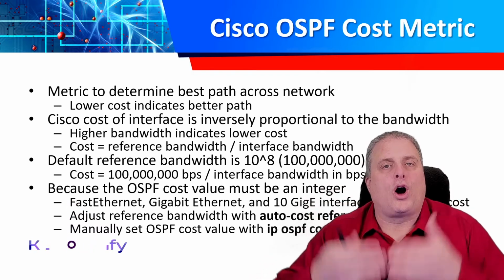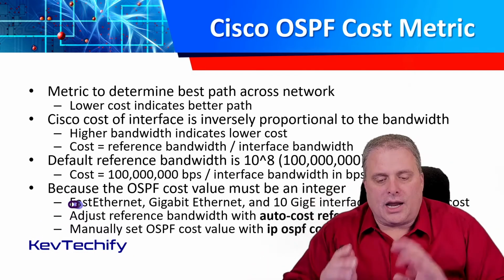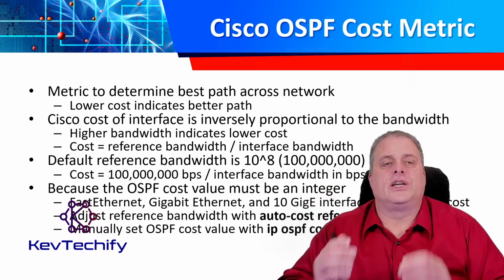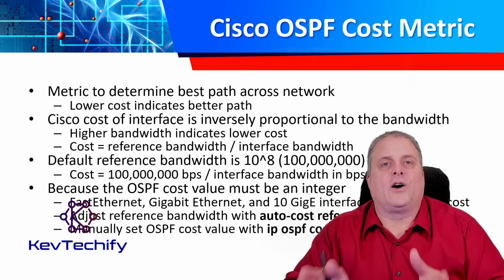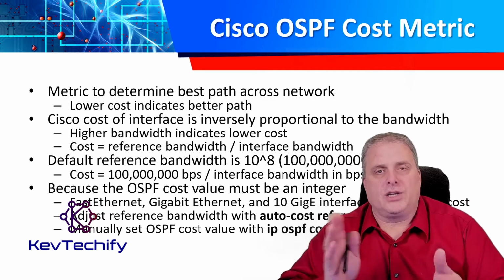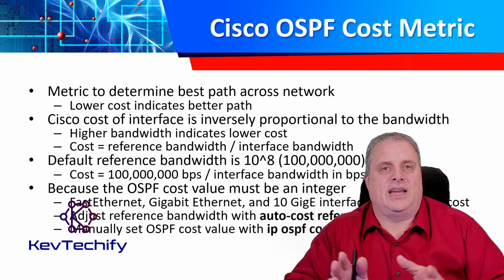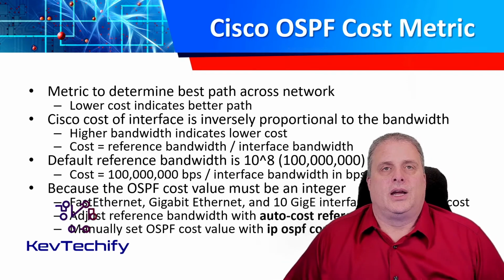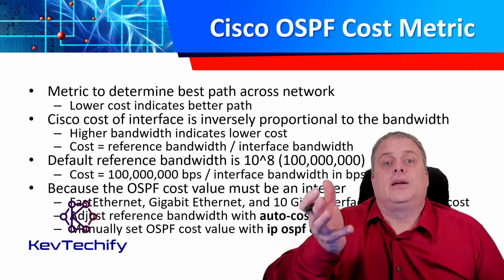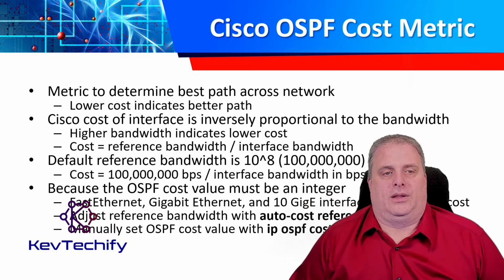The lowest cost. And anytime I hear anything with cost, I always think the lower the number, the better, because you don't want the high cost, you want the low cost, especially if the quality is the same on whatever you're buying. Now, the Cisco cost for the interface is inversely proportional to the bandwidth.